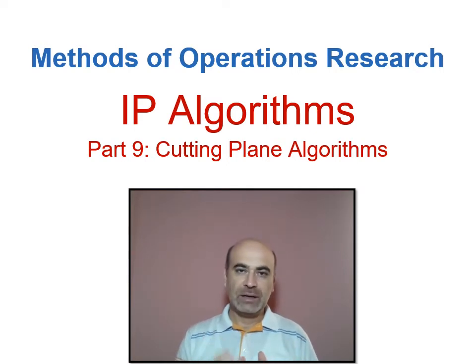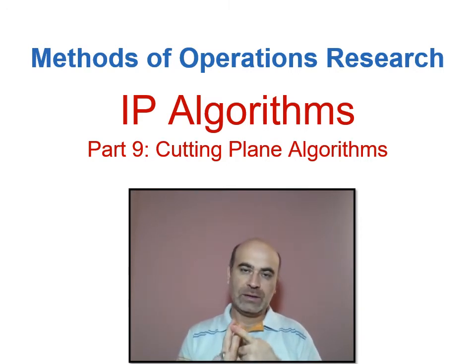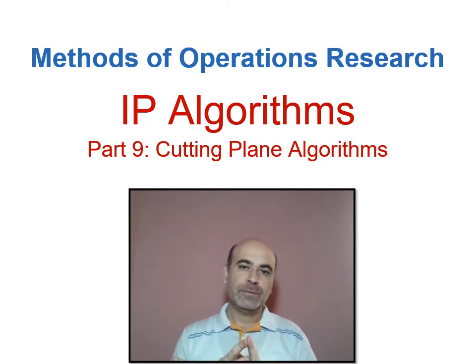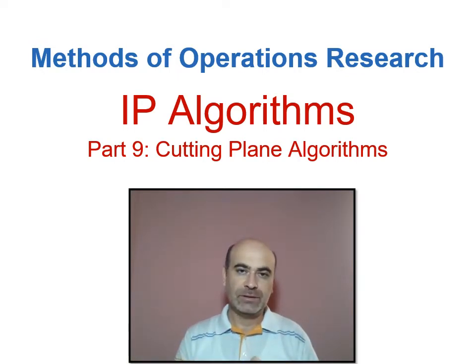But this artificial constraint is a special constraint. It is not a regular constraint. It has basically two properties, so that we call it a cut. The first property is that when we include this constraint in the model, the initial relaxed optimal solution should not be feasible anymore, so it should be out of the feasible region.